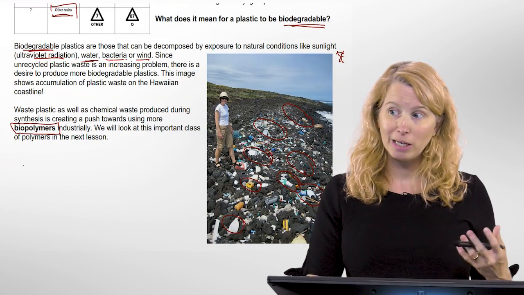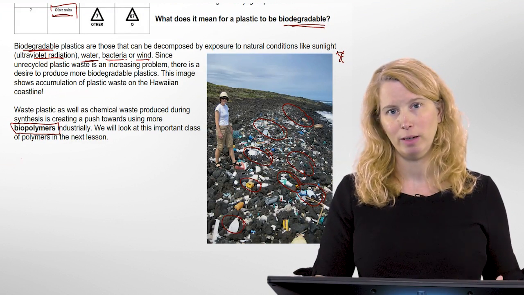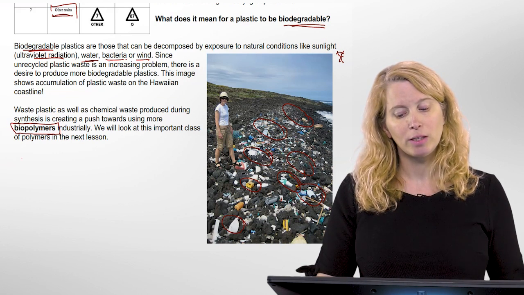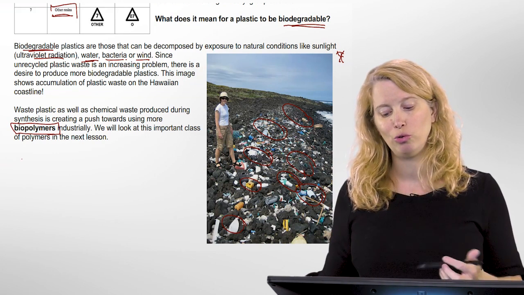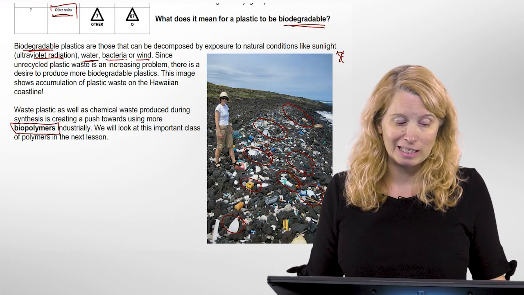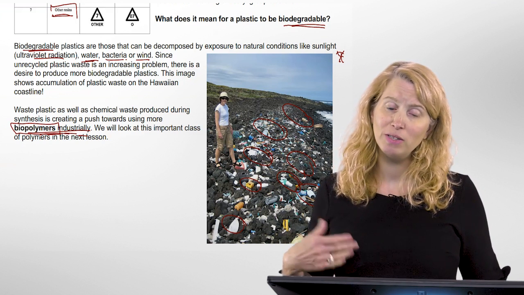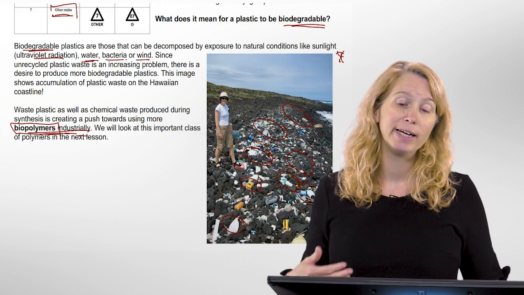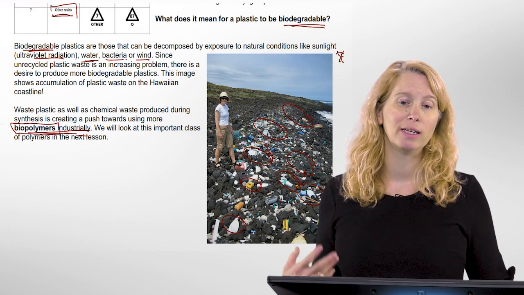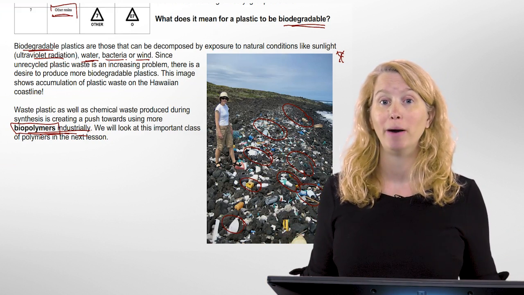And in general, because they come out of biological systems, they tend to be more biodegradable. They tend to be more compatible with the biological world. And so one of the approaches to dealing with the environmental problems that extensive use of plastic has created is to try to shift us, in terms of industrial applications, to higher reliance on biopolymers. It's with that in mind that in the next lesson I'm going to introduce you to the major types of naturally occurring biopolymers.